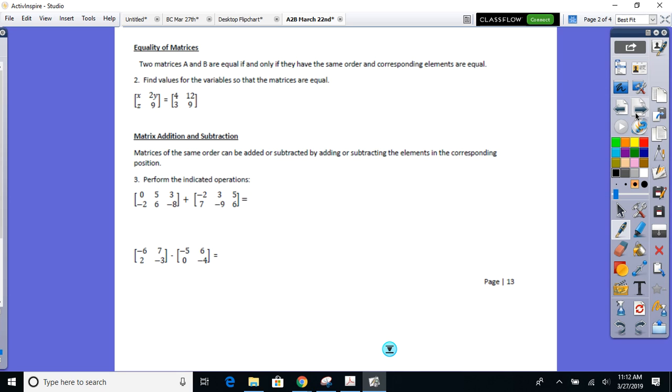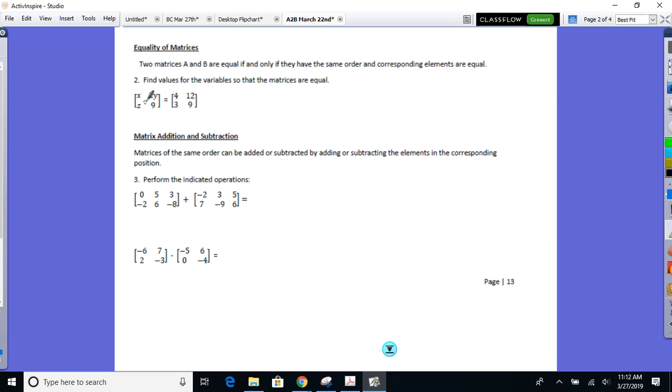Two matrices are equal to each other if what's in their corresponding spots in each one are equal. I'm telling you both matrices are equal. So row 1, column 1 should be the same number as row 1, column 1 in the other matrix. What's your value of X here? 4, not a big deal, right? How do you find the value of Y?